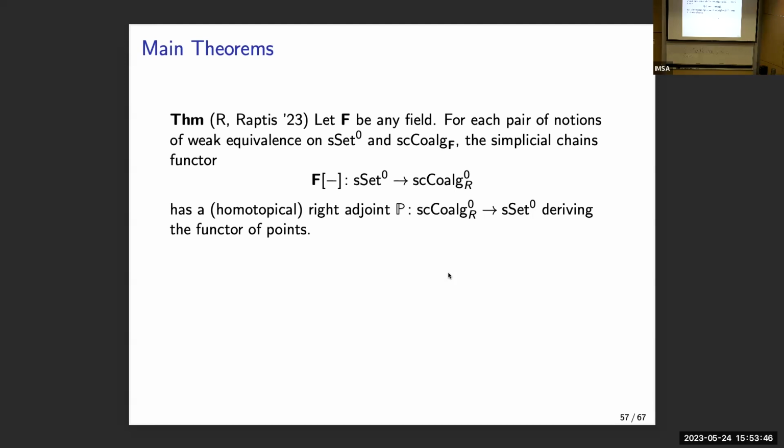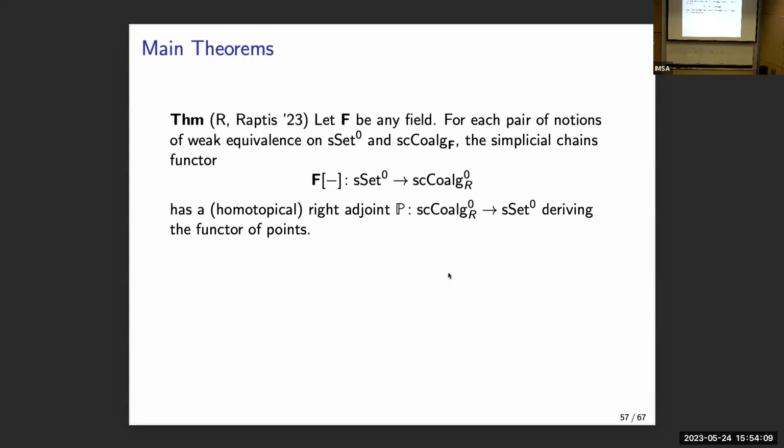It's a weird way of saying it. I just didn't want to use the words model category. But the statement is that we construct model category structures on both categories for each of the three notions. And this allows us to consider a derived functor of points.